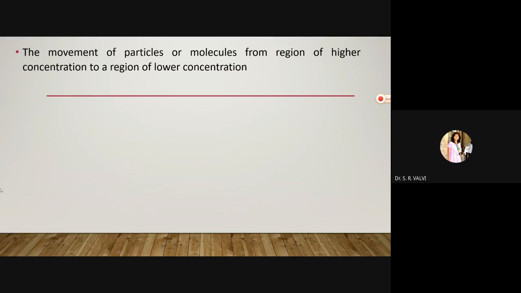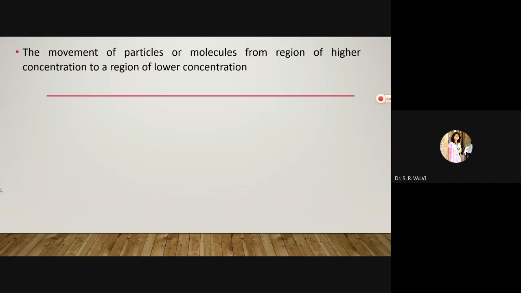Suppose you have sprayed in one corner of your room, it is going to spread from the region of higher concentration to the region of lower concentration until there is an equal distribution of those particles. So that's the diffusion process.